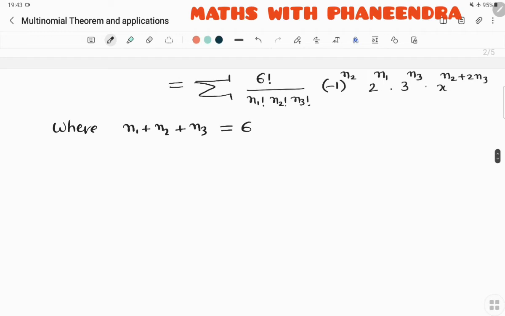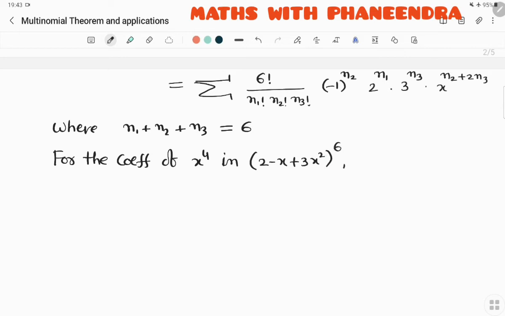So for the coefficient of x power 4 in the expansion of (2 minus x plus 3x square) whole power 6, we must have the possibilities.